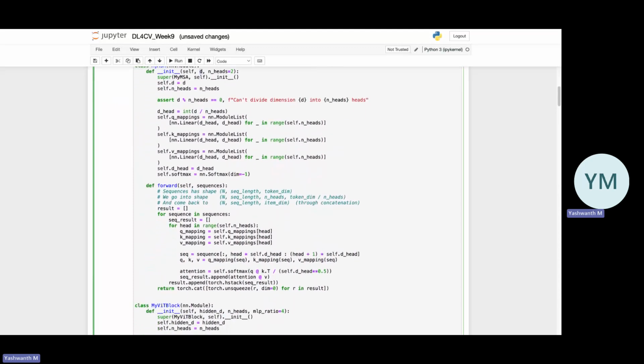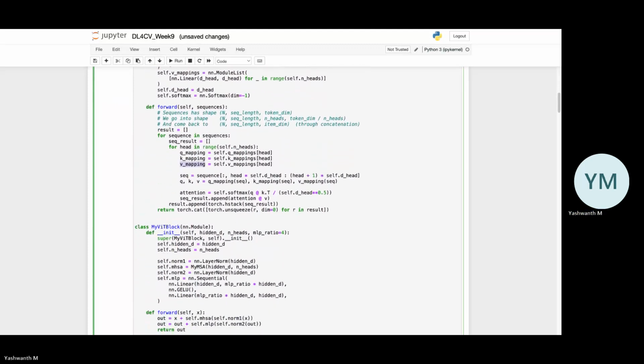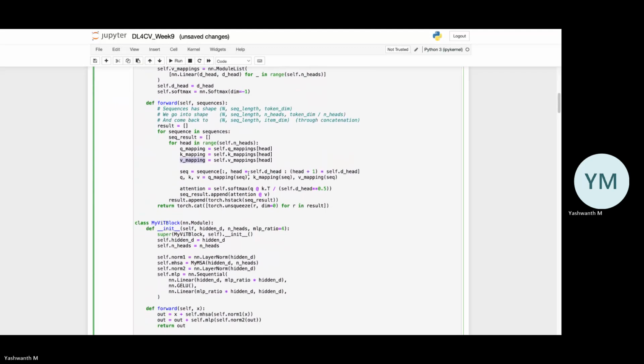Here in the attention, we implement the query, key, and value.